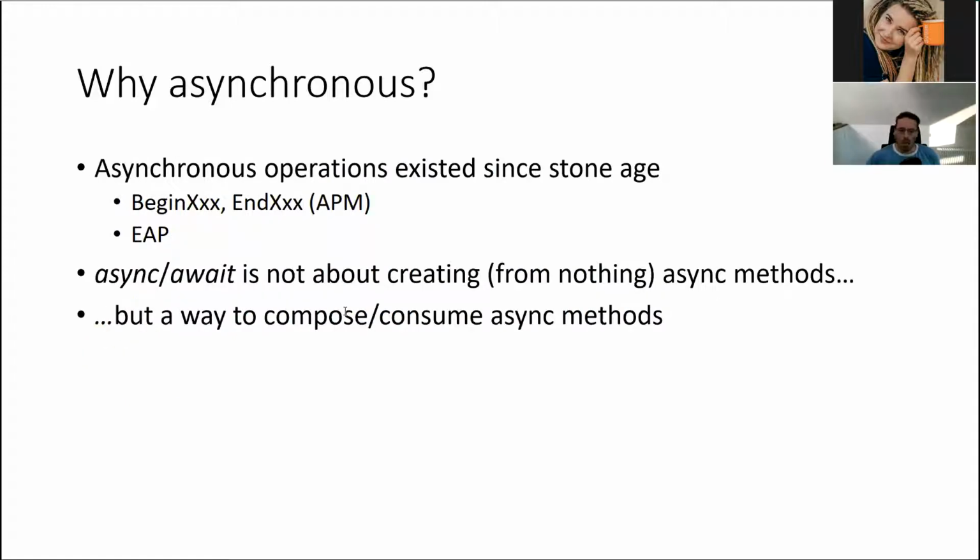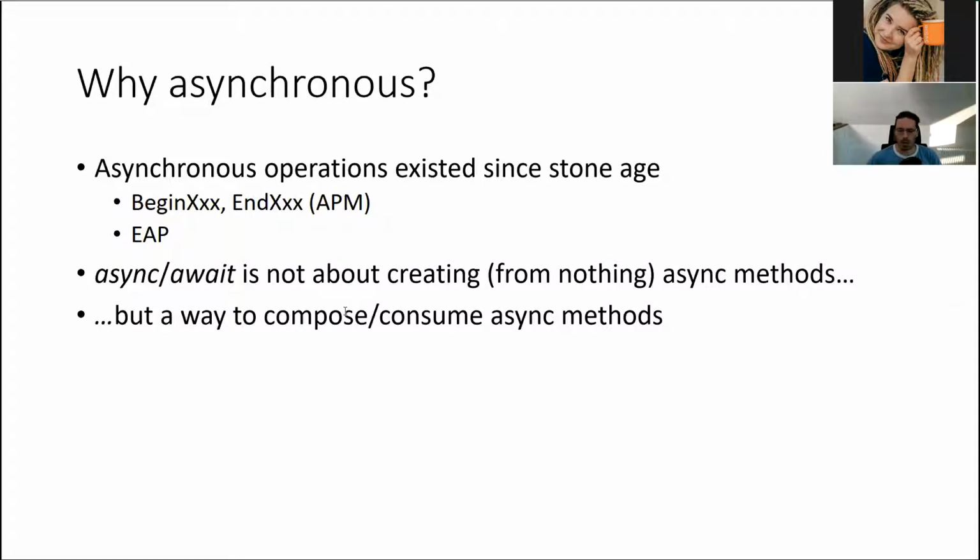Somebody might say asynchronous operations are something new, fresh stuff in C# and .NET, but that's actually not true, because asynchronous operations have existed in .NET since basically the beginning. You might remember methods like BeginRead, EndRead, or BeginWrite, EndWrite on, for example, FileStream.